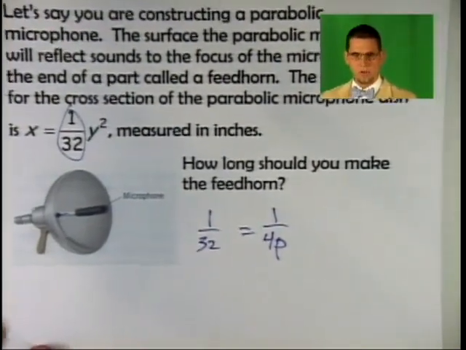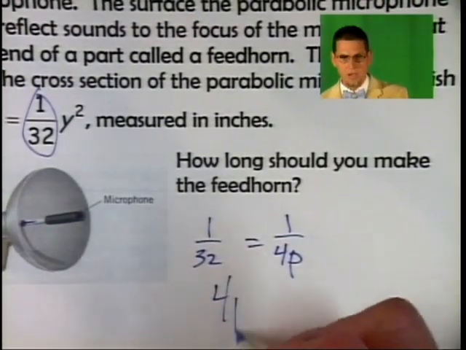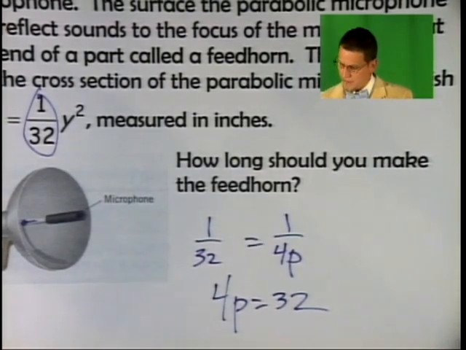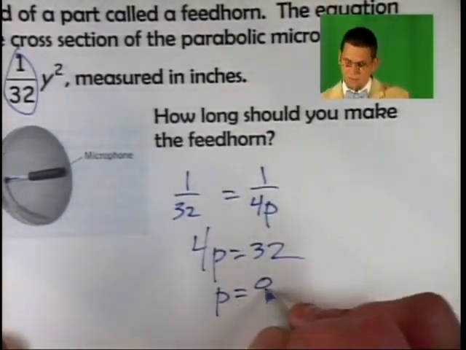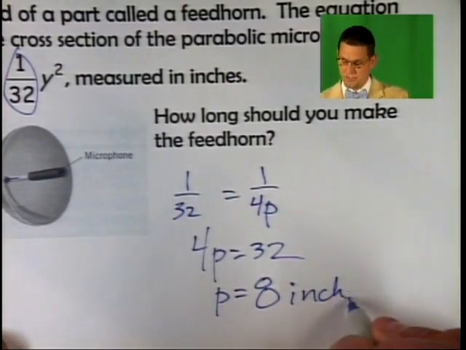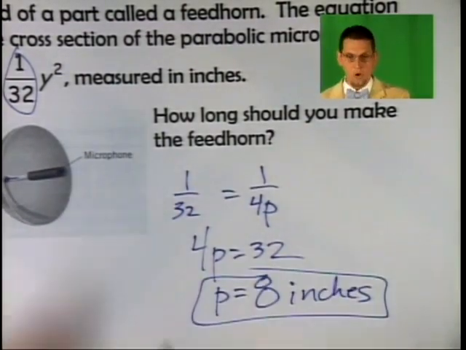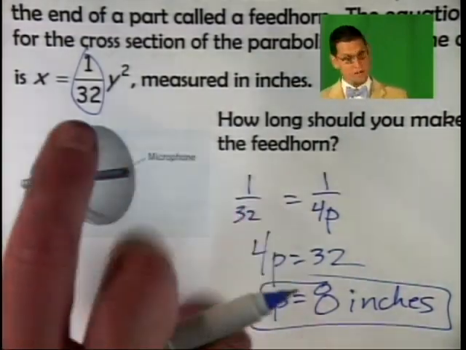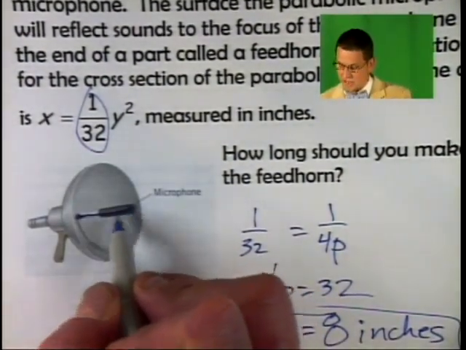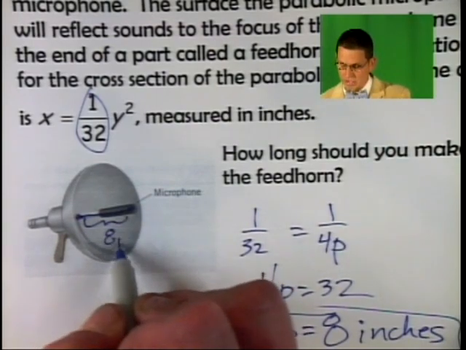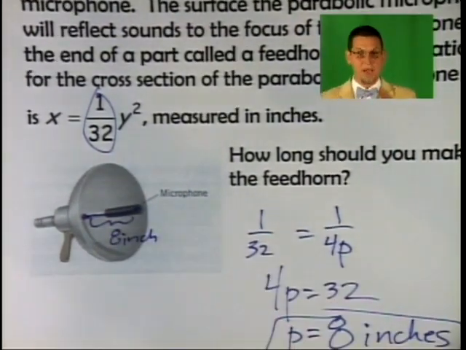So if we cross multiply, we get 4p equals 32, and if I simply divide by 4, I get p equals 32 divided by 4, which is 8, and that's inches. So as you're making your homemade parabolic microphone, and if this was the equation of the cross-section, you want that feed horn to extend exactly 8 inches out into space, into the dish of the parabolic microphone.